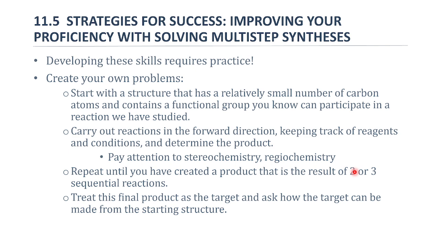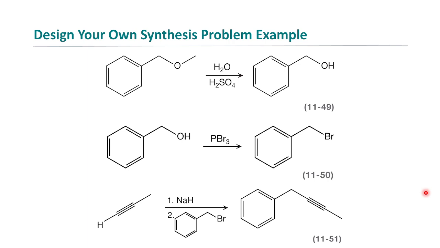That and reacting away functional groups you weren't targeting. Repeat until you have created a product that is the result of 2 or 3 sequential reactions. Treat the final product as a target and ask how the target can be made from your starting structure. And so this is how you would go about designing problems for yourself.